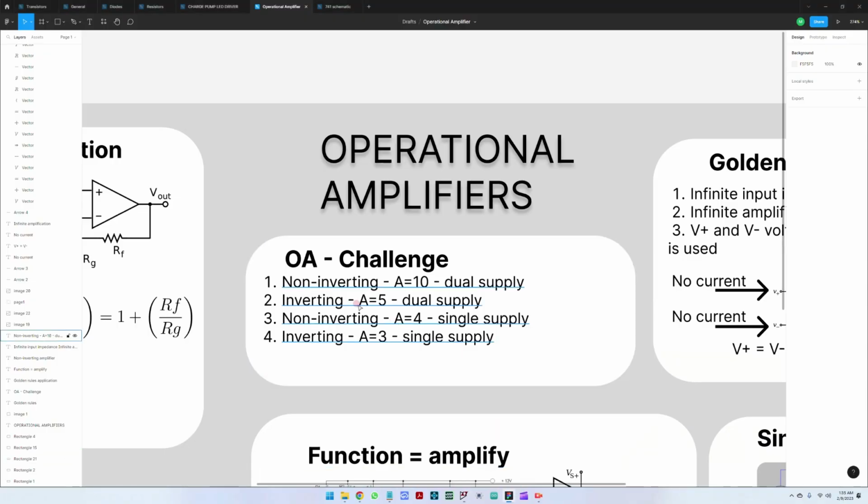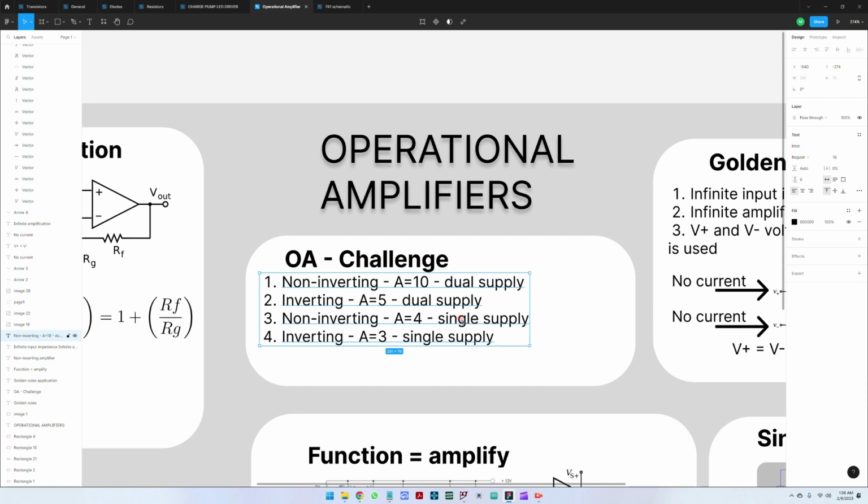So coming back to the challenge, this week's challenge is, first of all, a non-inverting operational amplifier circuit with amplification equal to 10 with a dual supply; an inverting amplifier circuit with amplification of 5 and a dual supply; a non-inverting circuit with an amplification of 4 and a single supply.